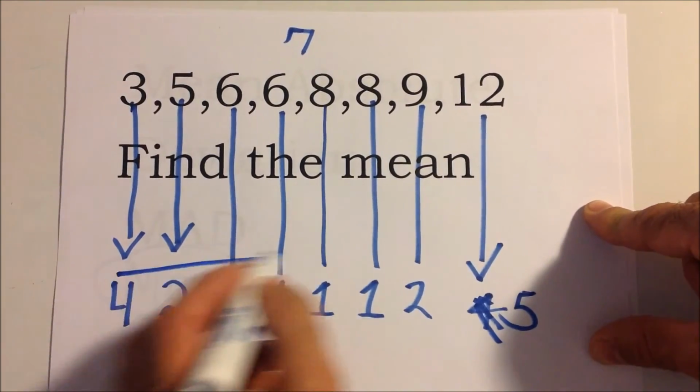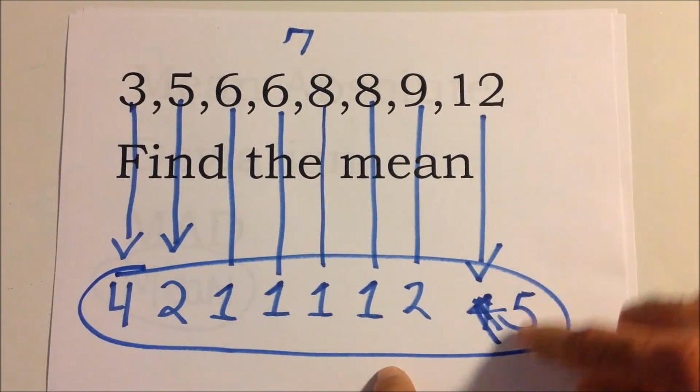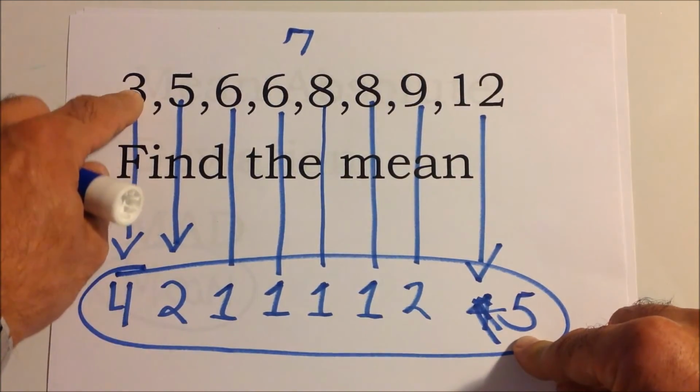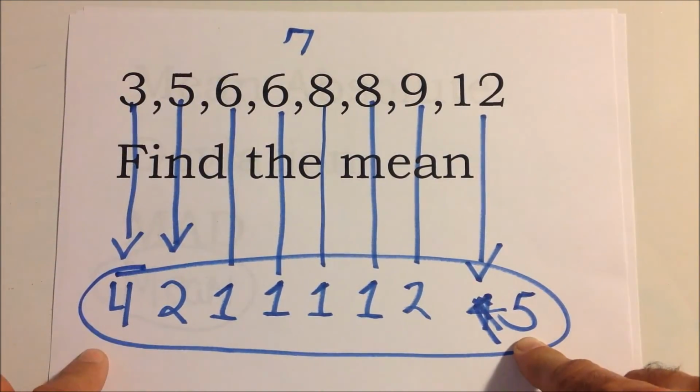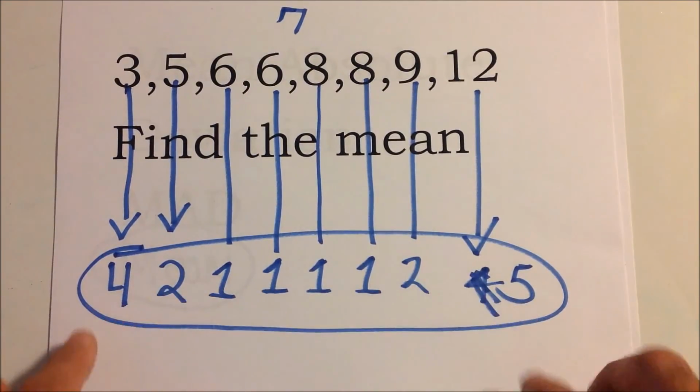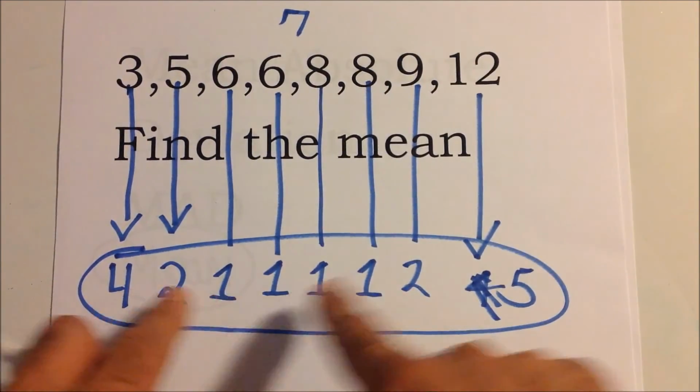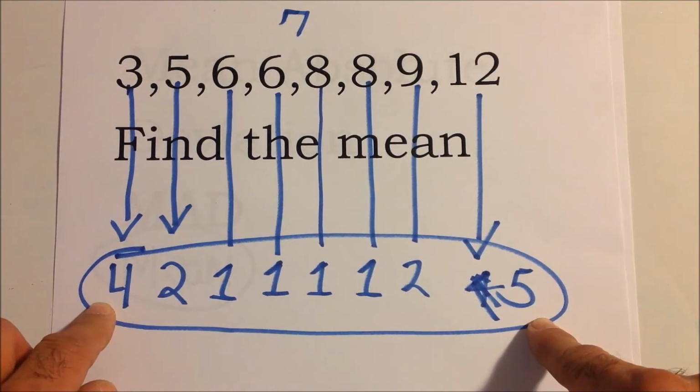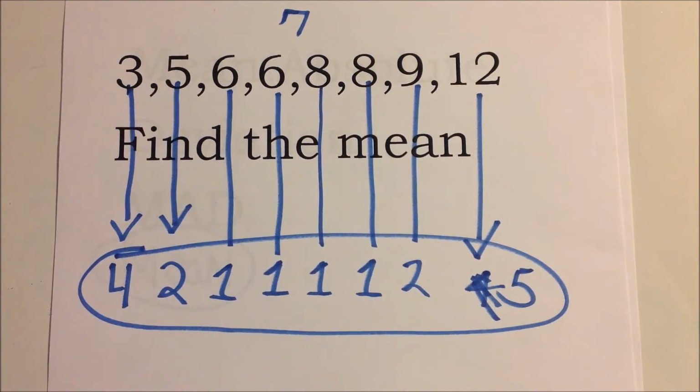So this is the distance that these values are from the mean. Now we're going to add all these together, add the sum of all the numbers that are the distance away, and we'll get the mean of that, and that's the MAD.